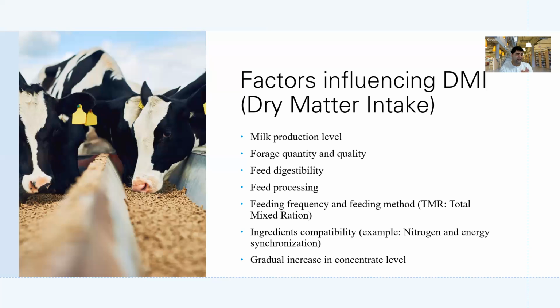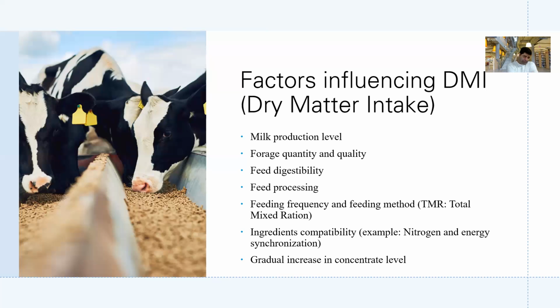For example, if you are going to process your fibrous materials with ammonia or urea, you can use chemical processing. Overall, feed processing can increase feed digestibility. If you have a more digestible feed, your animal can consume it more and can experience less negative energy balance.